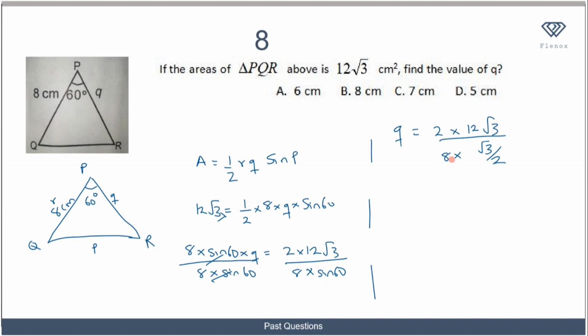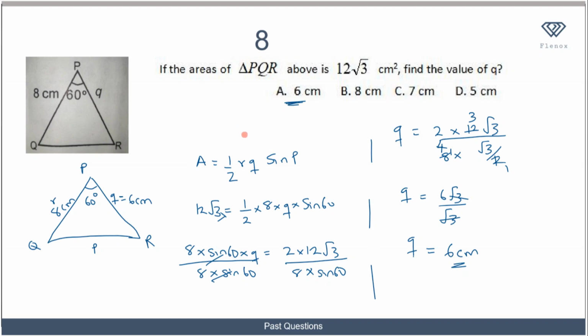So what does that become? 2 and 2 cancel, 8 goes into 4 times, then 4 and 4 go into 12 three times. So I'm left with 3 times 2 is 6, so q equals 6 root 3 over root 3. Now root 3 cancels root 3, and I'm left with q equal to 6 centimeters. So the length of this side of the triangle is 6 centimeters, and that makes A the correct option.